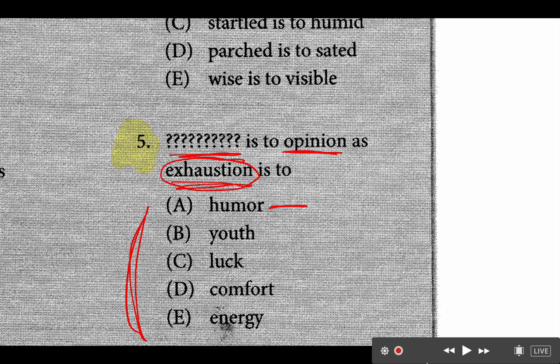Humor, not a direct relationship. Youth, not a direct relationship. Luck, not a direct relationship. Energy is definitely good. Comfort's pretty weak, but maybe I wouldn't eliminate it. But then let's see if there's any reason that I would choose comfort over energy. Energy is clearly the most closely related to exhaustion.